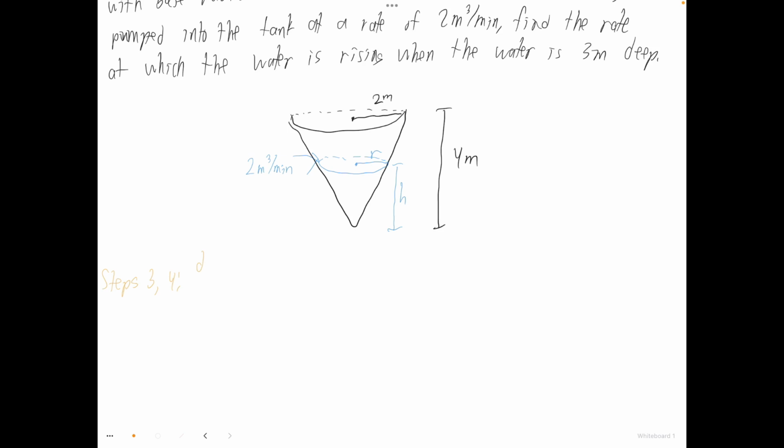So we care about dV/dt being 2 meters cubed per minute. That's what we know. And we want to know dh/dt, the rate that h is changing, going up, when h equals 3 meters. So we've assigned notation and written down what we know in terms of that notation.